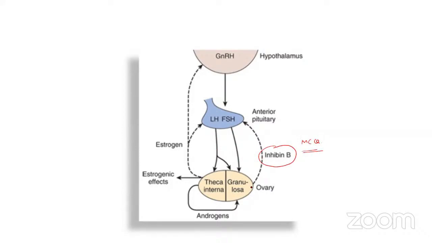Which cell secretes inhibin B? The granulosa cell, which inhibits FSH release. It acts on the anterior pituitary and inhibits the release of FSH.